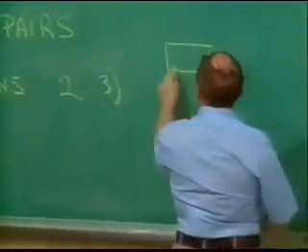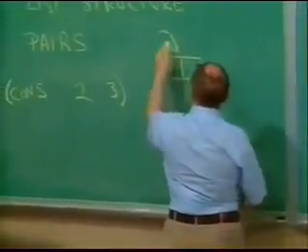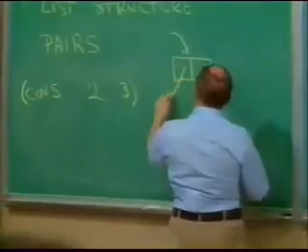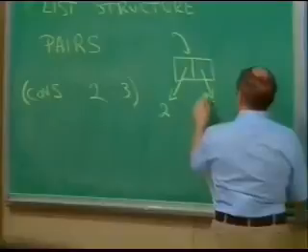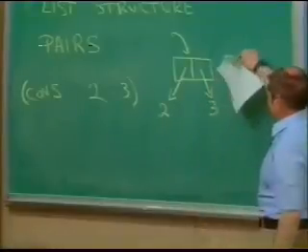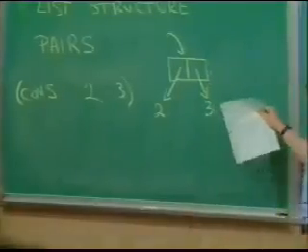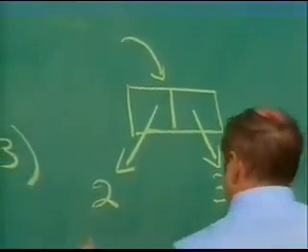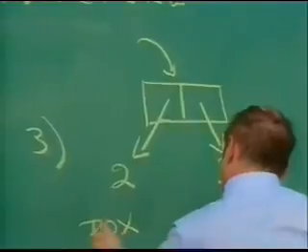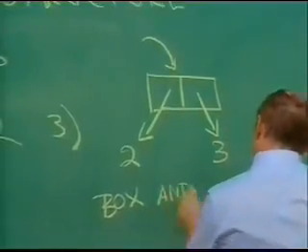We draw a little box, and this box has two arrows coming out of it. Let's say the first part of this pair is 2, and the second part of this pair is 3. And this notation has a name. It's called box and pointer notation.